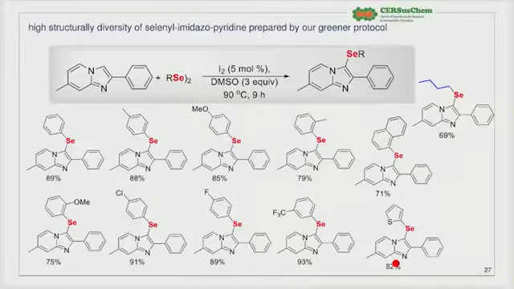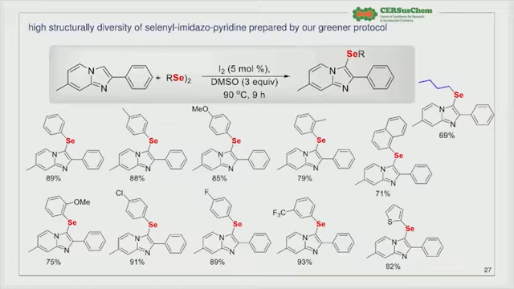With this, we performed several optimization reactions. What we found was that 5 mole % of iodine, 3 molar equivalents of DMSO at 90 degrees centigrade for 9 hours was the best condition to lead to the selenylated products.